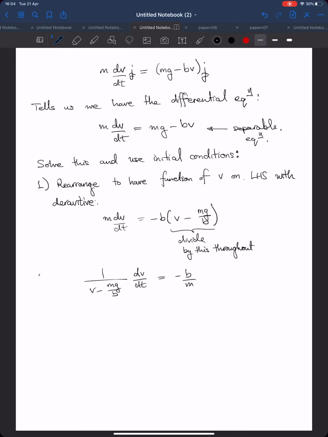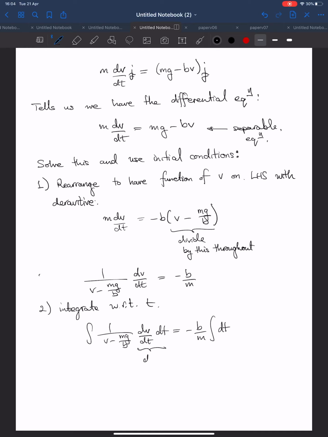Now integrate with respect to t. So what I get is this. Now, on the right hand side we have constants, so I'm just going to take them outside.